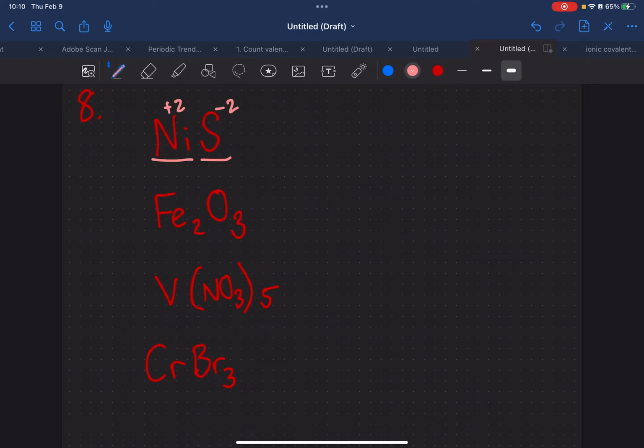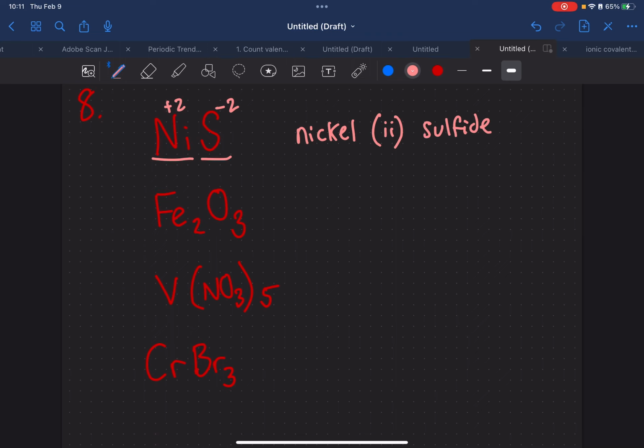And now that I know the charge of my nickel ion, I can write the name. Nickel 2 sulfide. And that 2 comes from the charge on my nickel ion. I already decided that my charge was +2, so that becomes my Roman numeral. Nickel 2 sulfide.